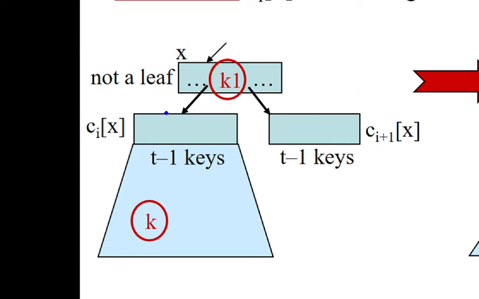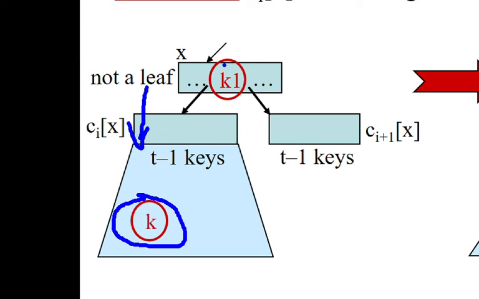So here obviously what we can do is, since we are not going to do deletion here because the key which is to be deleted is somewhere else, while going down we have to make sure that this node has at least t keys.